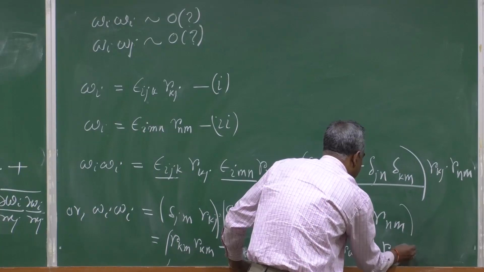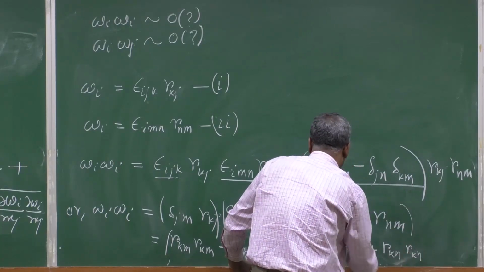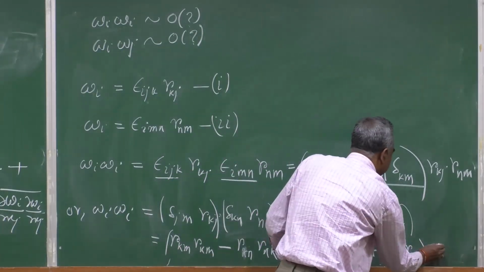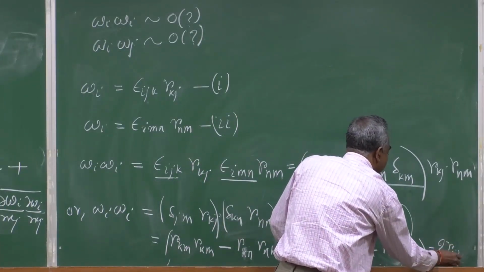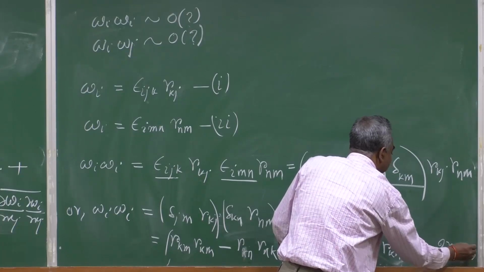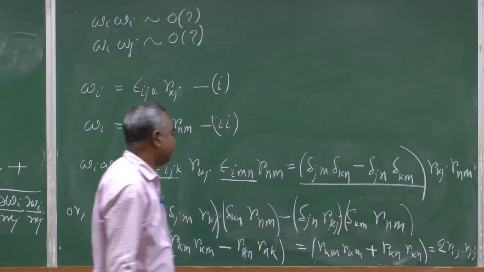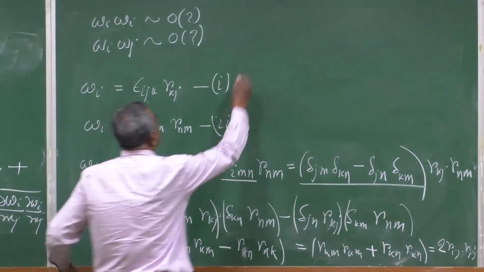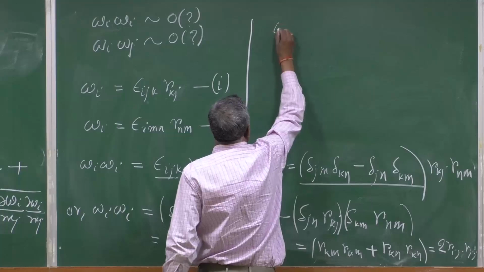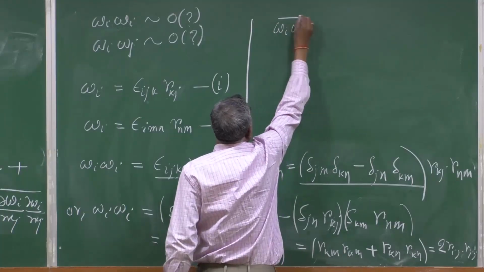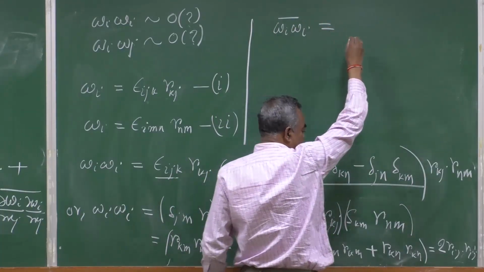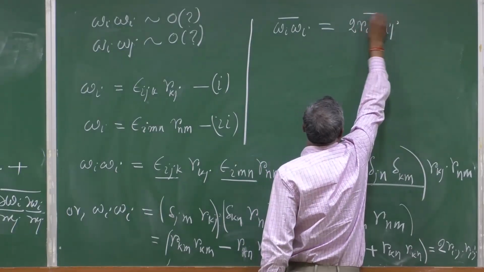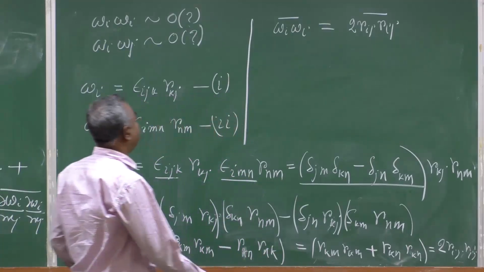So, that is r k n, then minus and minus become plus. Essentially both are dummy indices, so this is nothing but twice r I j r I j. Okay. This is what we can write. So, it says that omega I into omega I bar essentially can be written as twice r I j bar. Okay. That is what this exercise says.